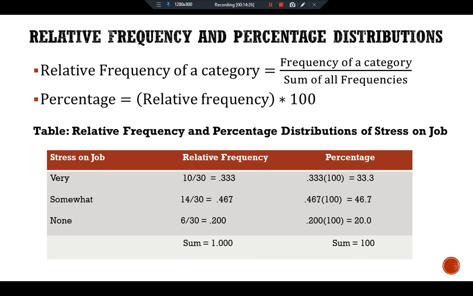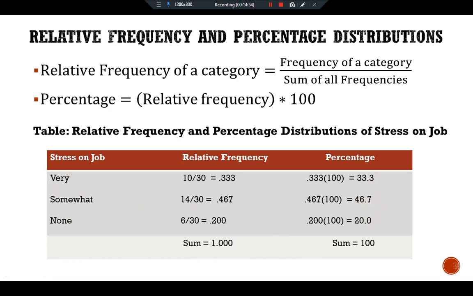The relative frequency here we calculated by dividing the frequency of each class by the total frequency, and we get 0.33, and by multiplying by 100 we get the percentage part of this variable in the whole sample or whole population.